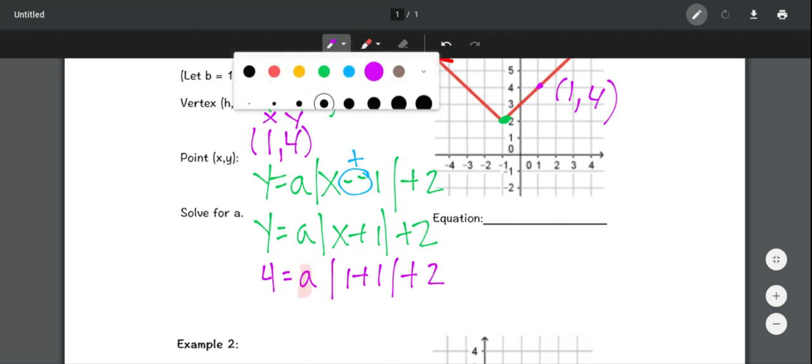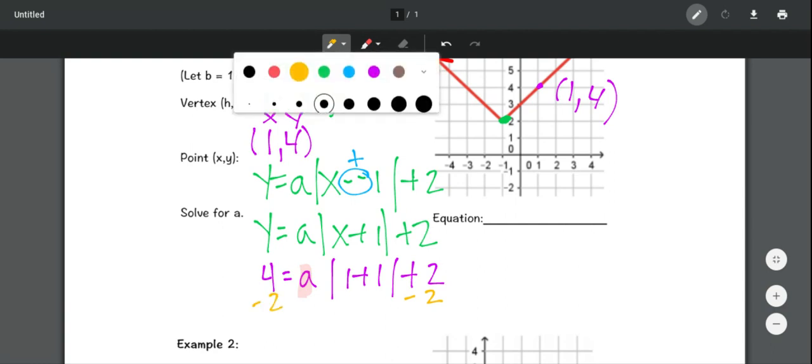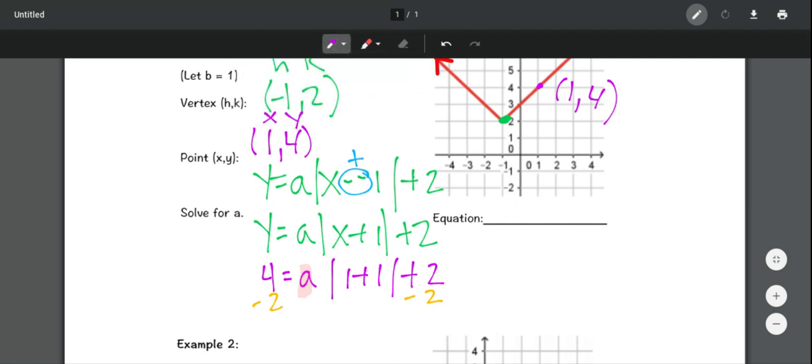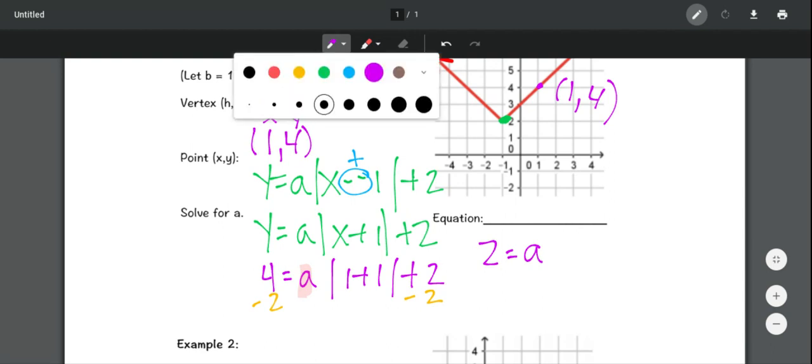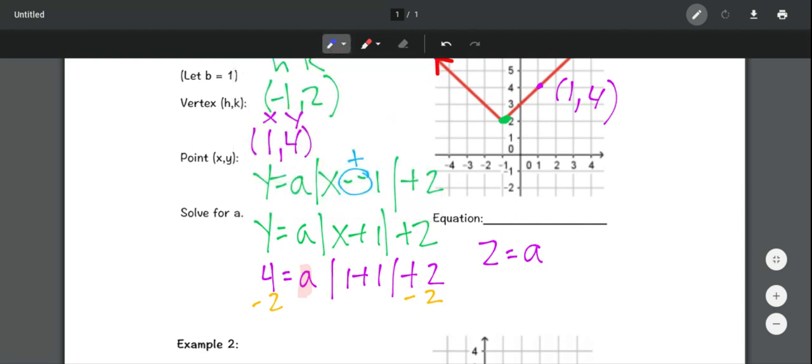So to solve, my first step is going to be to subtract that 2 over. I'm going to move that 2 to the other side because my goal is to get a by itself. And when I do that, I end up with 4 minus 2 is 2. I still have the a there. Then I'm going to simplify inside the absolute value bars.